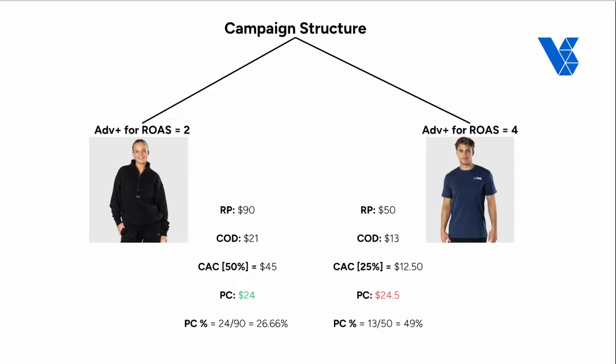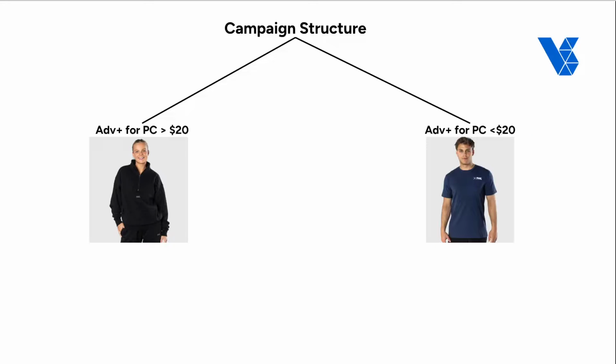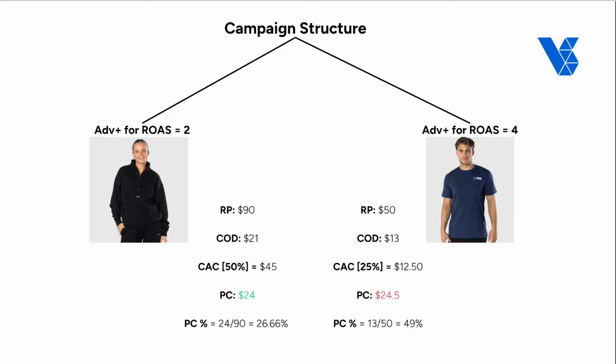Now, the other option is if you don't want to do buckets of dollar amounts, like we can see over here, you could split your products based on return on ad spend goals. And that's another way that you could cut the numbers to be able to segment products out. In this instance, for example, we might determine that we actually don't want a 2 ROAS goal across both these products.